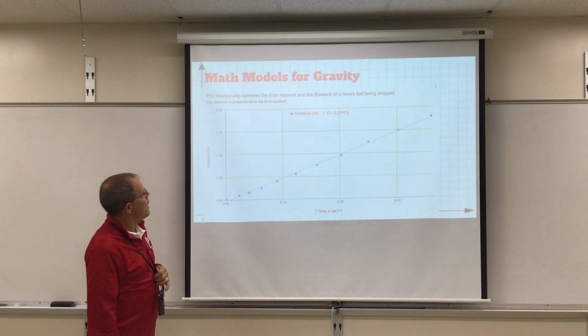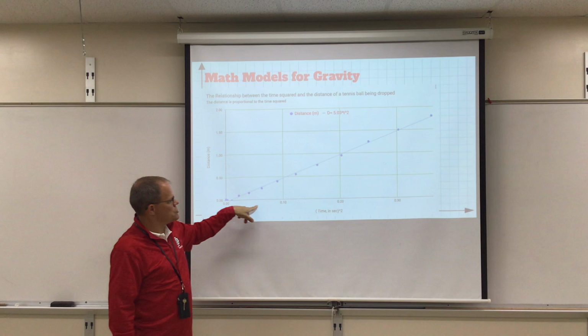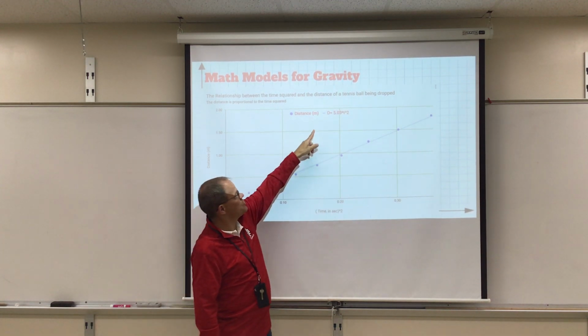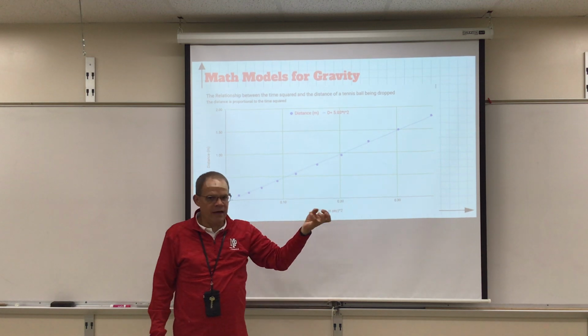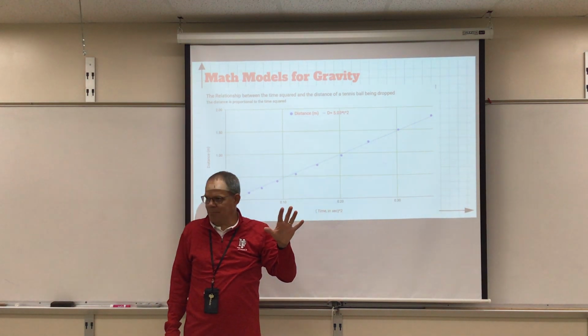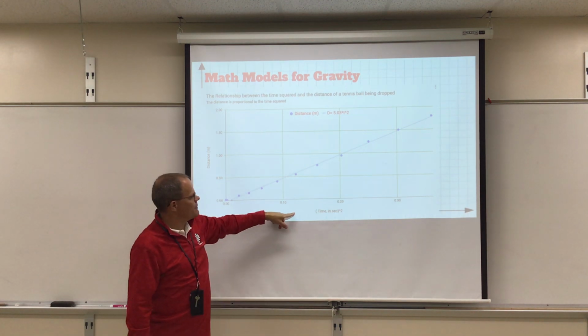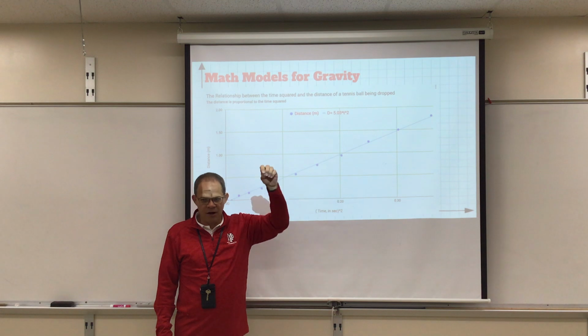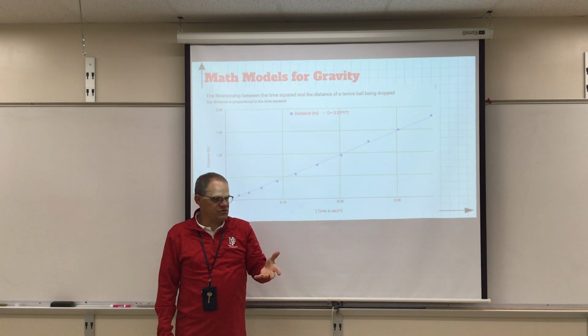Okay? All right, so what you found in lab, I think, was that the distance an object falls is proportional to the time squared. You got a straight line. Your slope was the same slope for the tennis ball and the croquet ball, pretty much. Okay? So I think that's what you did in lab. So what that means is that if something falls twice as long, it goes 4 times as far. If a rock falls for 1 second, it goes 5 meters.